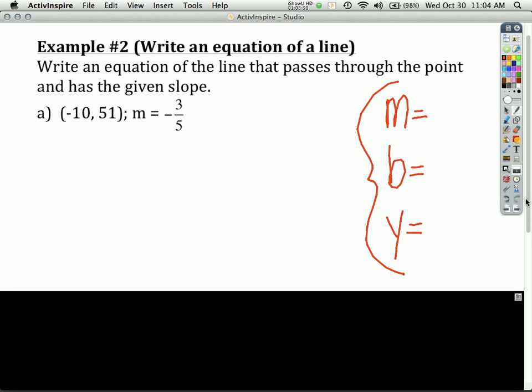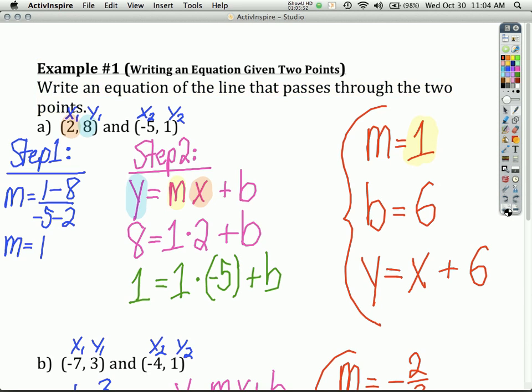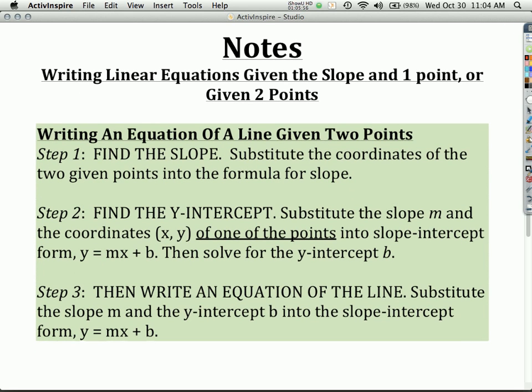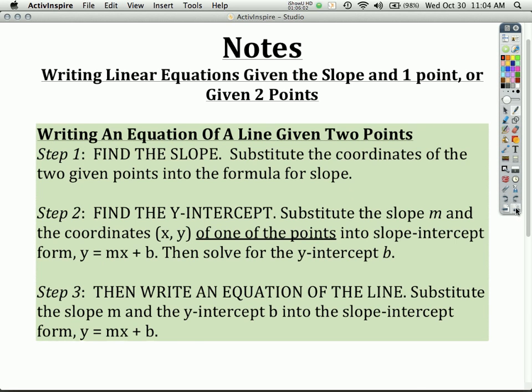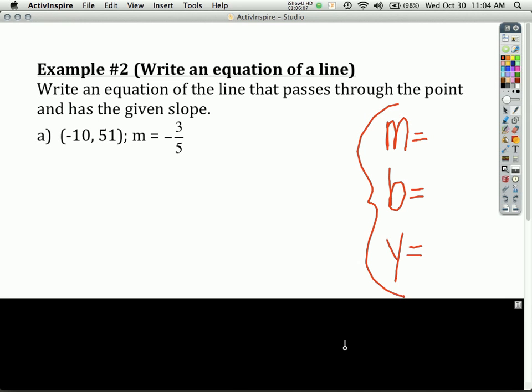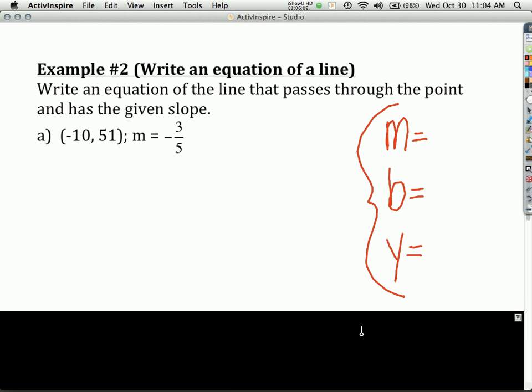So let's review the steps really fast. Here were the steps that I outlined. So can someone make a statement, looking at these steps, make a statement about the steps and the question that we are about to do. So let me go back to the question. Alicia?